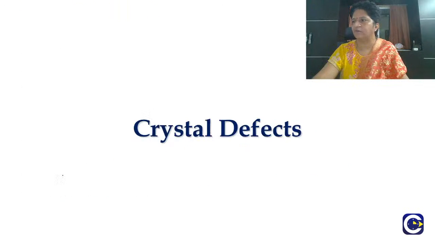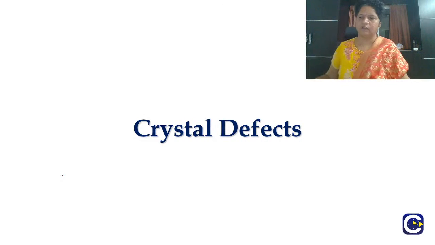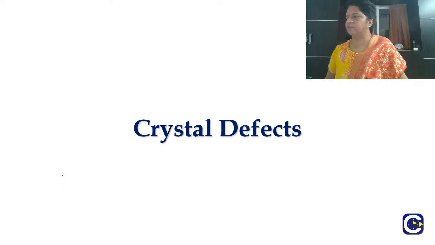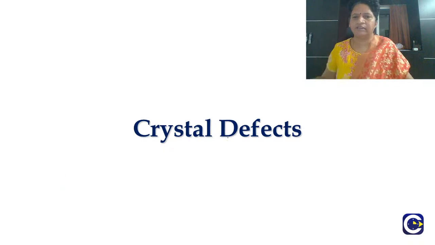Today we are going to talk about the defects. In a normal crystal structure, in case an ion is missing or if it occupies some other place, it results in what is called a defective structure. So let's go with crystal defects.